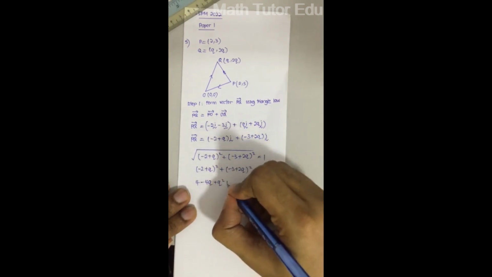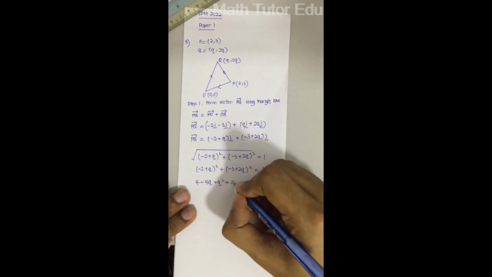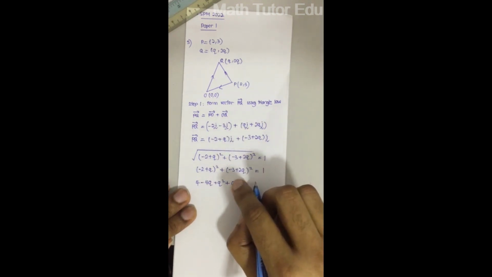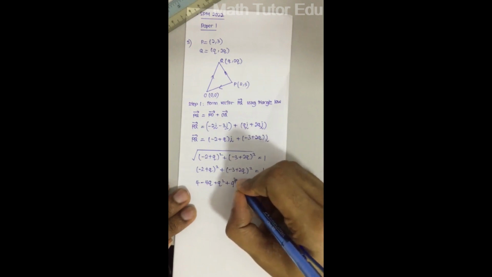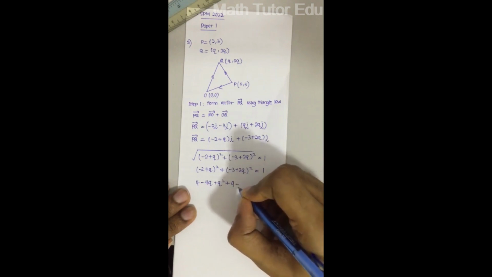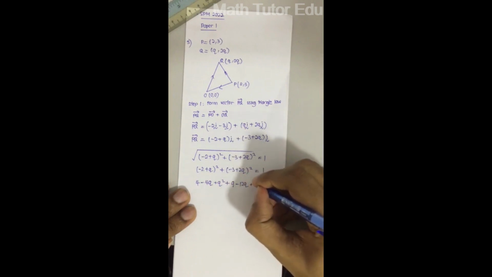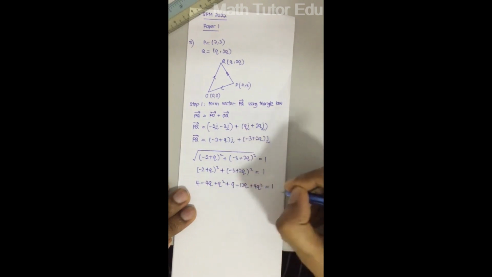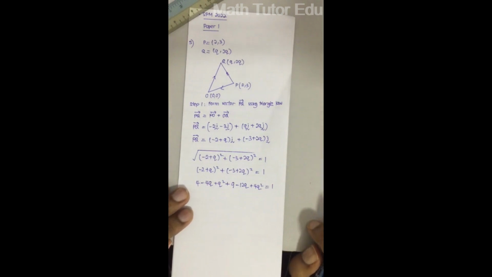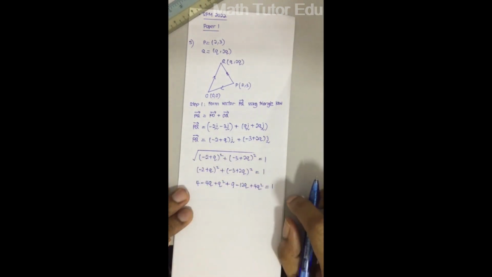And then plus 9, and then minus 12q plus 4q squared equals 1. Okay, so far so good. You have already done the expansion.